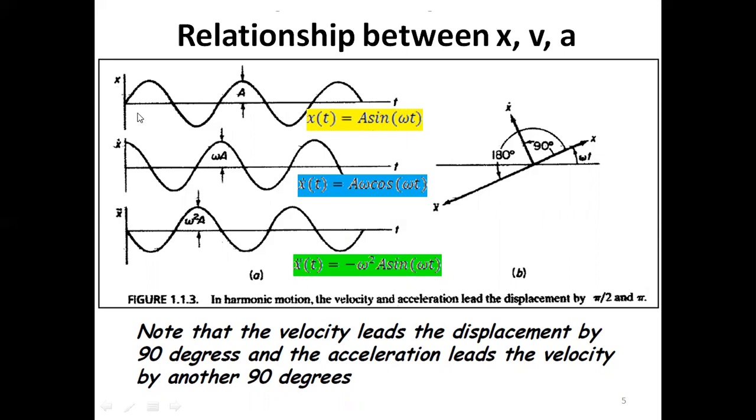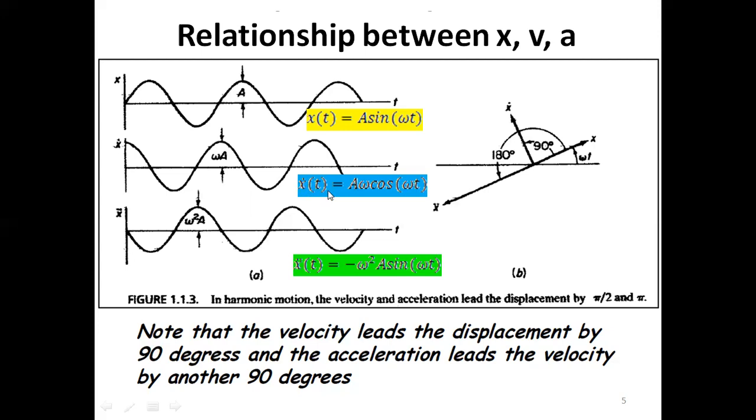In this plot, A is the amplitude of the response or displacement. If we differentiate this equation with respect to time, we would have A omega cos omega t, and if you plot this, we would have this plot. This is the amplitude of the velocity of the mass, which is omega A.